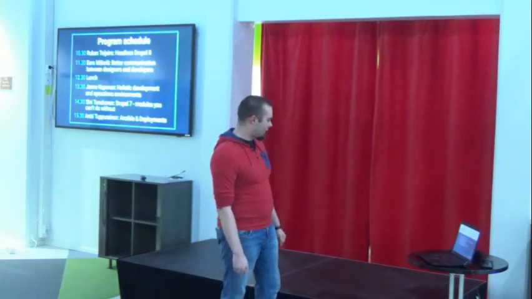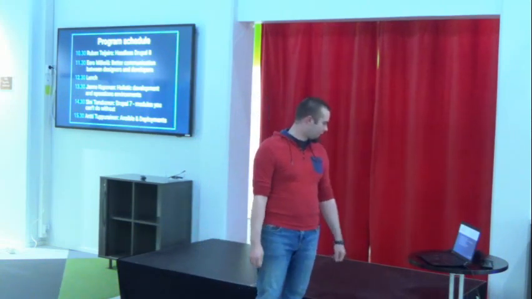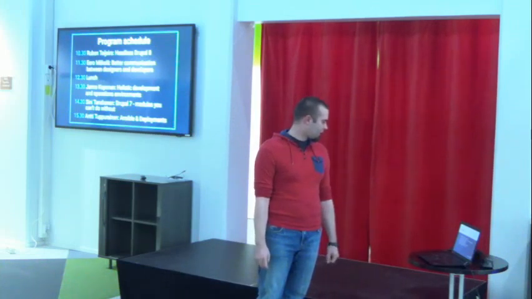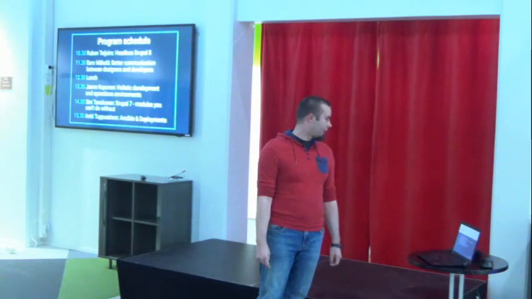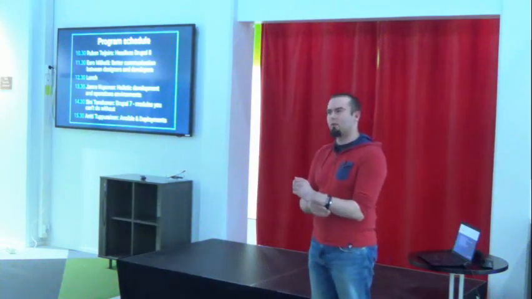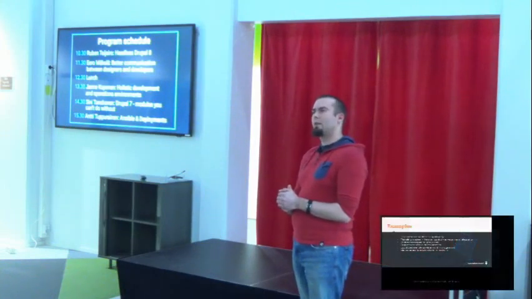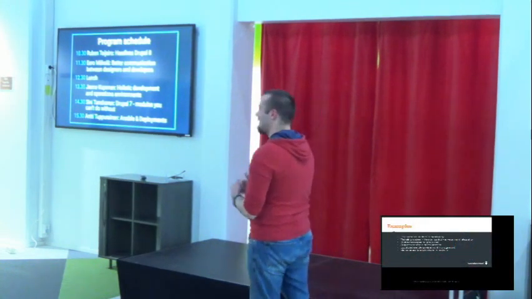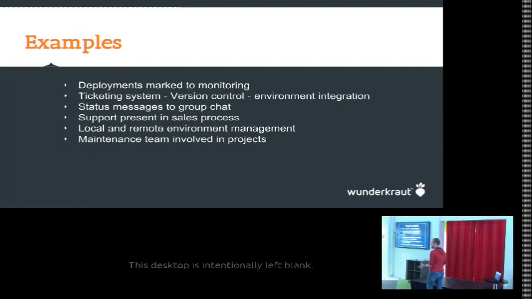What else? I already mentioned the local and remote environment. Ticketing system, yeah. Everything I listed there, I think I went through. Do we have anything else? We have a lot of these, and it's kind of coming together here and there.